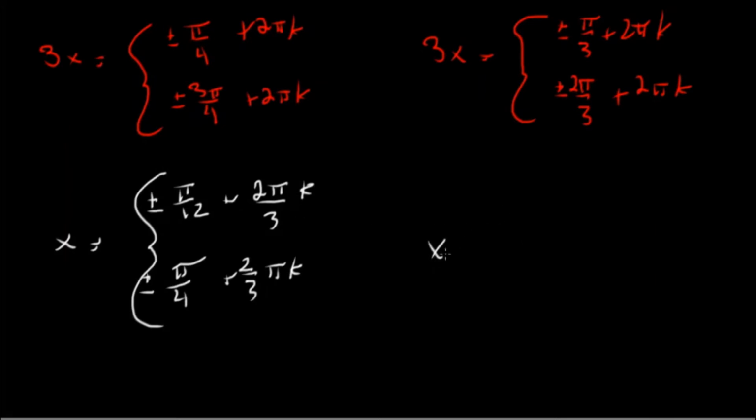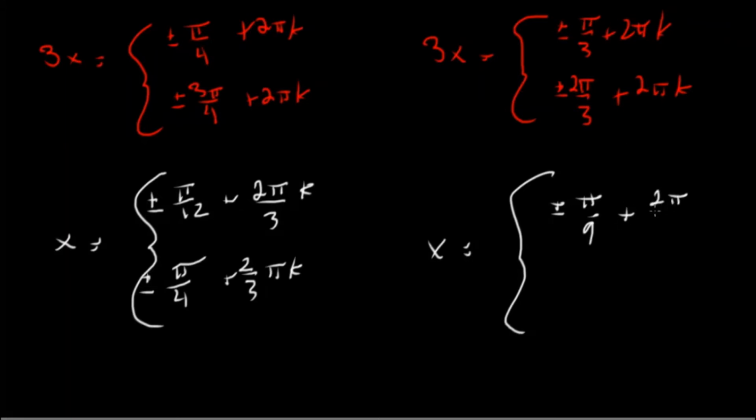And then over here, our final set of 4 sets of solutions. We got plus or minus, no, sorry, not 12, I was confusing myself. Pi over 9. Pi over 3 divided by 3, that's pi over 9.